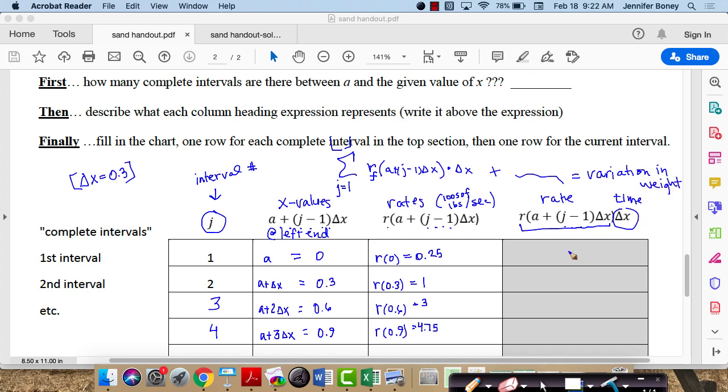This is an accumulated weight during this interval, if I'm using a rate of 0.25 times this interval, 0.3 seconds. So adding 25 pounds per second for 0.3 seconds. Let's see, 0.25 times 0.3 would be 0.075, if I'm doing math right. So this is how much accumulates. This would be that many hundreds of pounds, so 7.5 pounds.